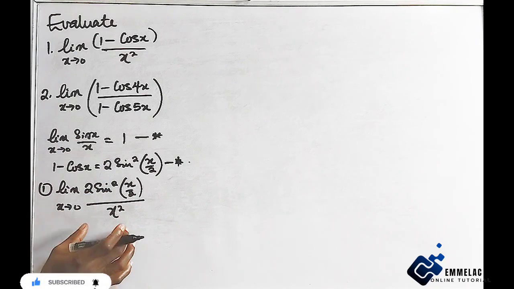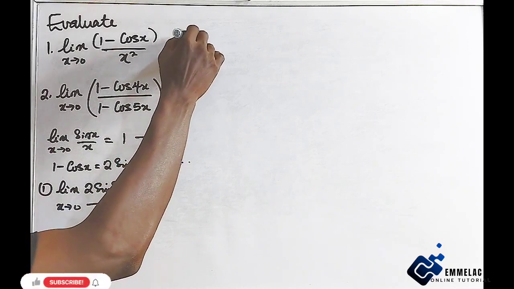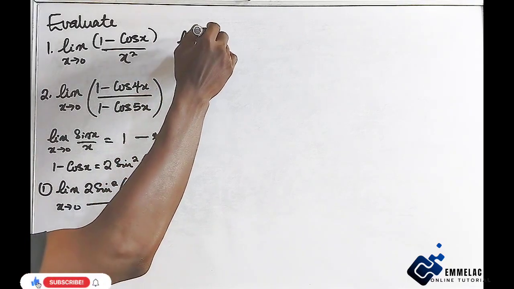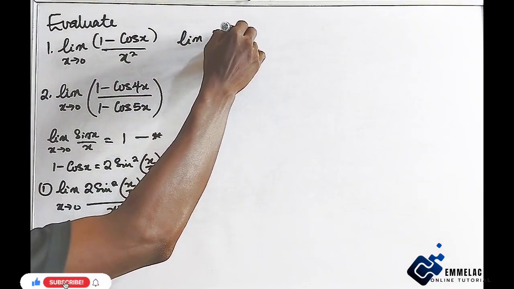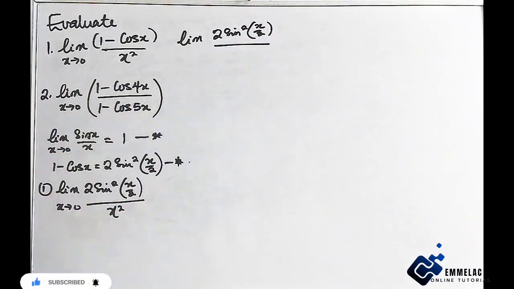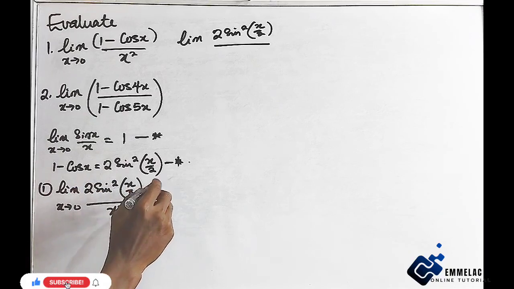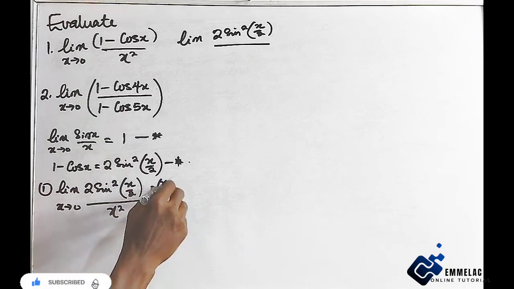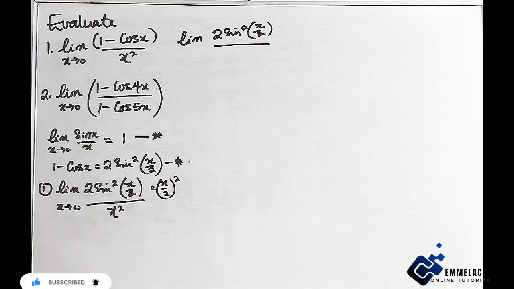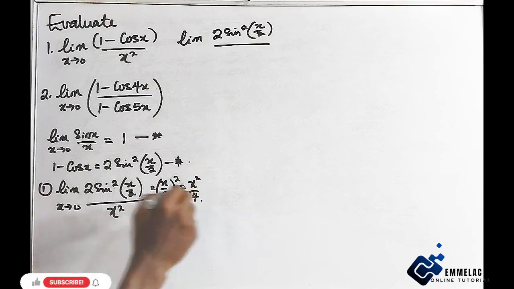Alright, so for us to resolve this, we can say this is a limit of 2 sine square x over 2, all over, then how do we get x square? Take note, x over 2 squared is the same thing as saying x all over 2 raised to the power of 2, which is also the same thing as saying x square all over 4.